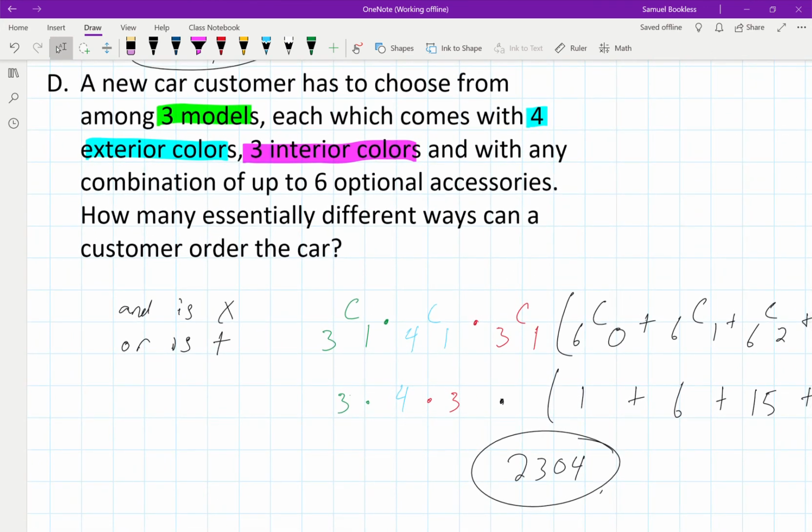So how many essentially different ways can a customer order this particular car? There's 2,304 different ways to do that.